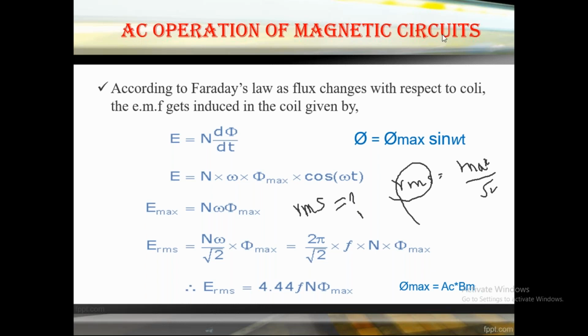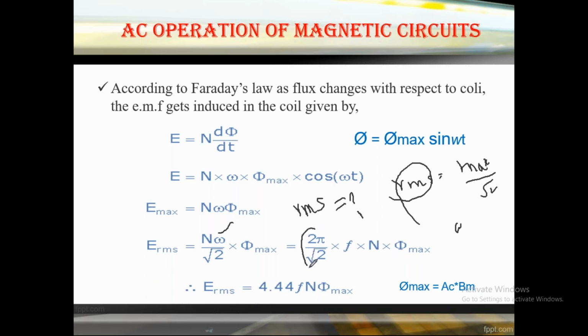So here, this is the maximum EMF Emax, and if you want to find the RMS value of induced EMF, the formula is maximum value by root 2. So substitute N ω φmax by root 2. Now ω equals 2πf. Substituting, 2π by root 2 into f into N into φmax.